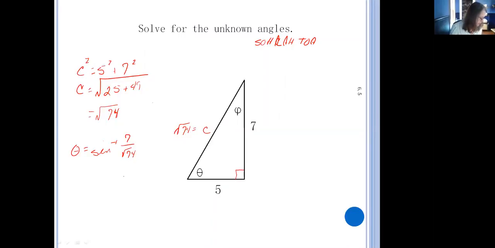A note on calculators: be sure you know which mode your calculator is in. If it is in radians, it will give you your inverse sine, your angles, as radians. If it's degrees, it'll give you degrees, but it's important that you know which one you're getting. If you're unsure, you can always test using a value that you know. Like you know what the tangent of 45 degrees is.